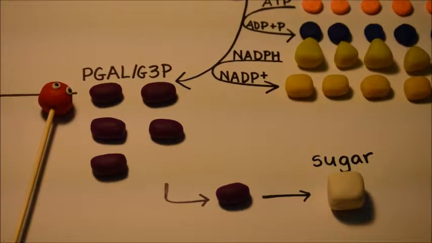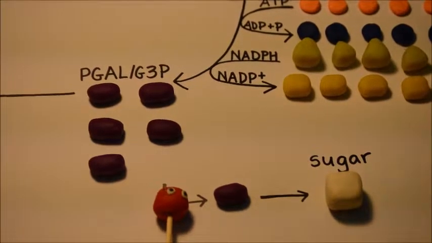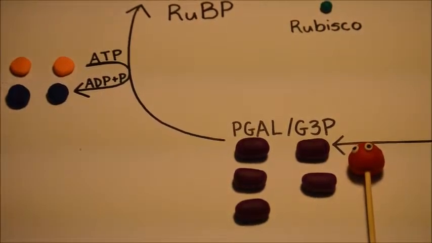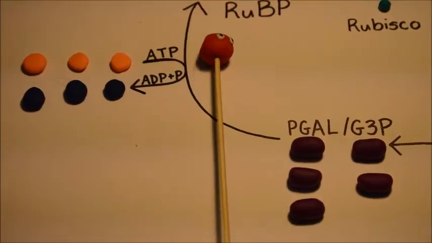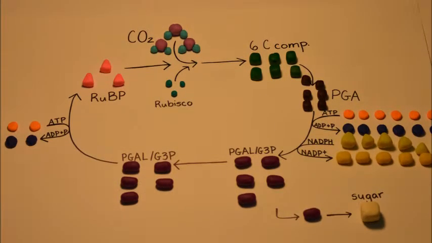After the energization process, one of the PGAL/G3P molecules leaves the reaction to create organic compounds, such as sugar. The 5 leftover PGAL/G3P molecules receive a little bit more energy from ATP to become RuBP. The cycle continues with the creation of more RuBP.